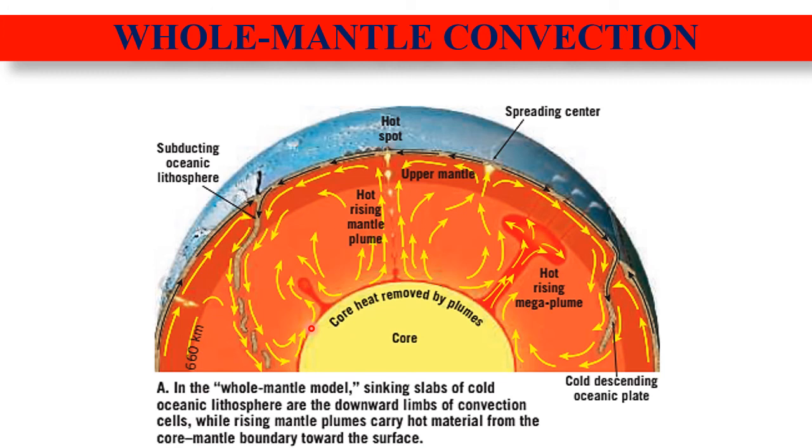Associated with India, we have certain mantle plume activities, like the eruption of the continental flood basalt in the Deccan Traps, which is associated with one of the mantle plume activities. The scientists believe that areas of large megaplumes occur beneath the Pacific Basin and South Africa.